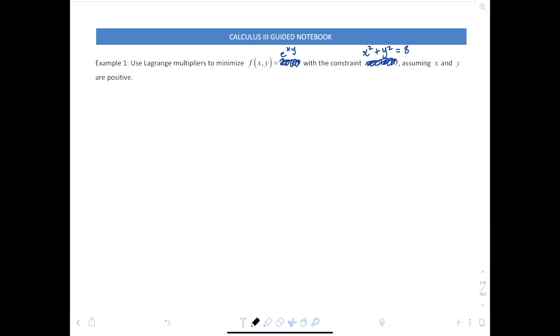So what is our constraint? Our constraint is that x squared plus y squared is equal to 8.